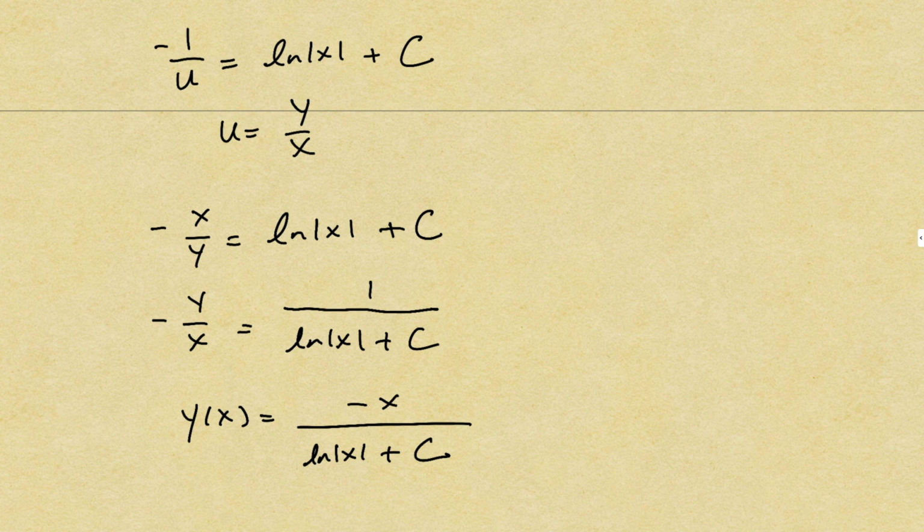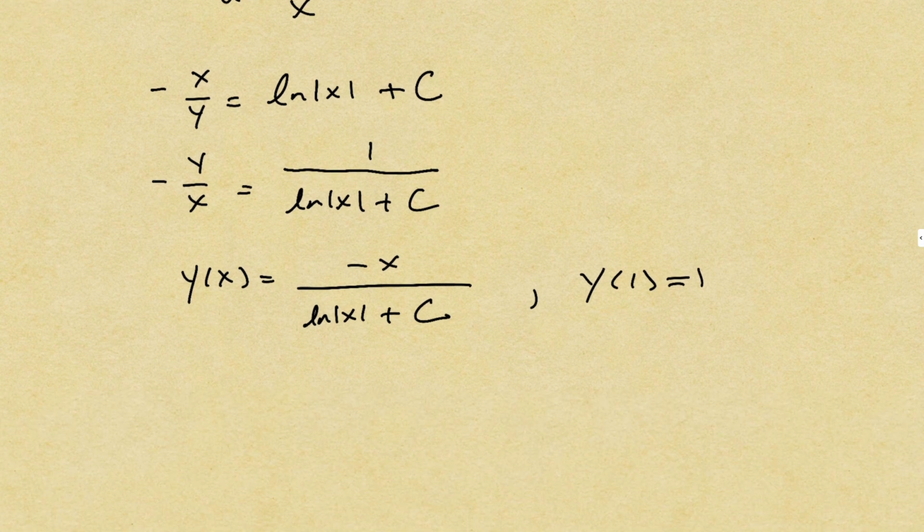If we want to get our particular solution, we have to find out what that constant is, and in order to do that, we use our initial condition, which if we remember is y of 1 equals 1. So again, what this means is that when x is 1, y is 1. So let's plug this in here. Y of 1 equals, and we're going to replace all of the x's with 1s.